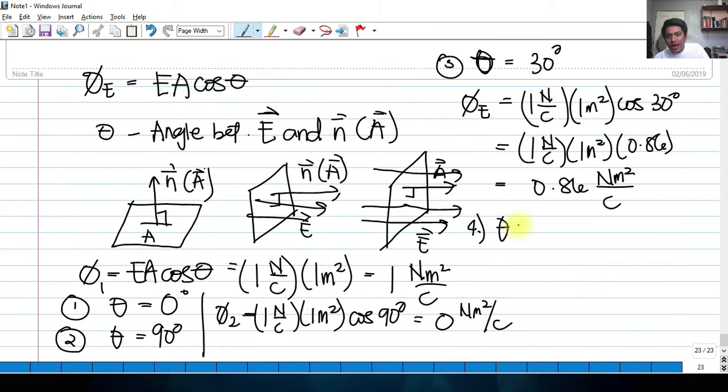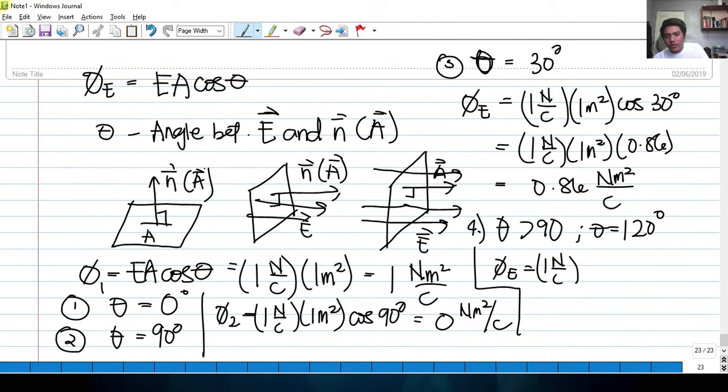Number 4, if theta is greater than 90, let's say our theta now becomes 120 degrees. So what will happen to the flux? Electric flux now would be 1 Newton per coulomb multiplied by 1 meter squared times cosine of 120. And cosine above 90 degrees should give you a negative value.